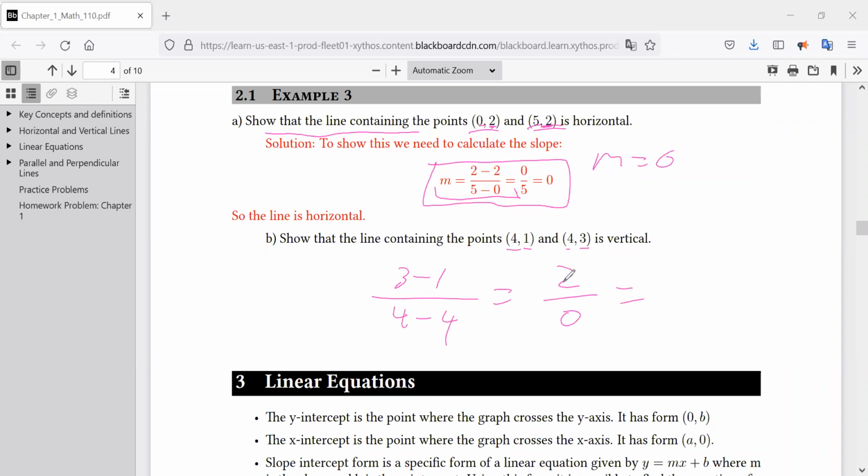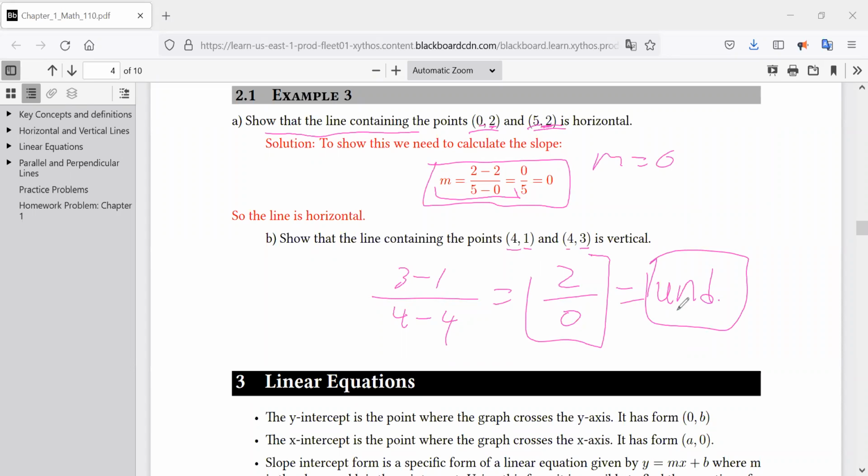What happens when we have something divided by 0? Is it undefined or equal to 0? Yeah, it's undefined. It spikes off to infinity, or negative infinity, but it's going to be undefined.